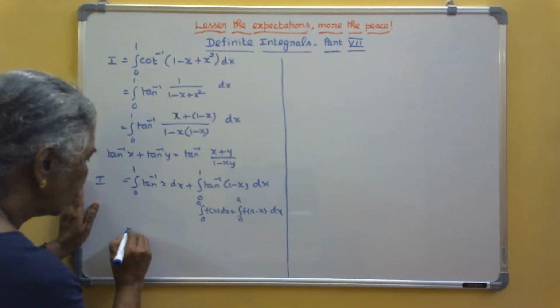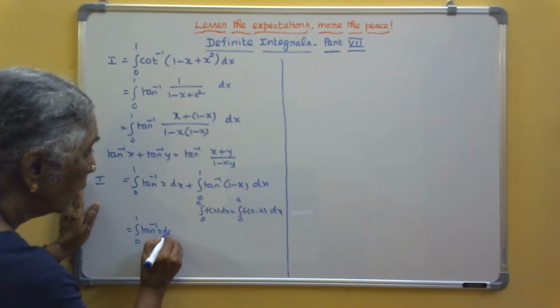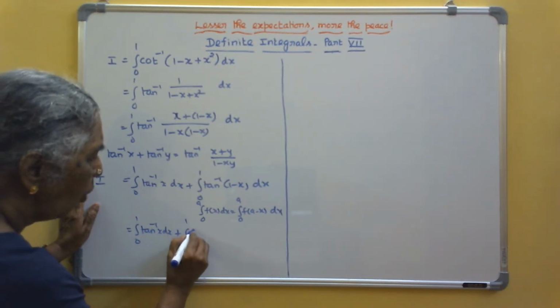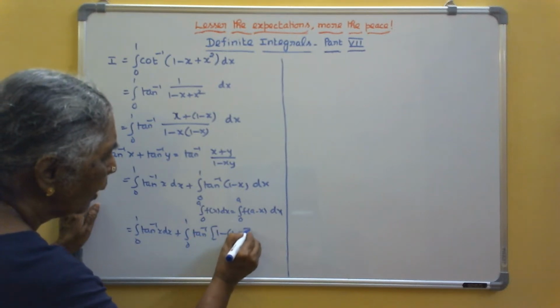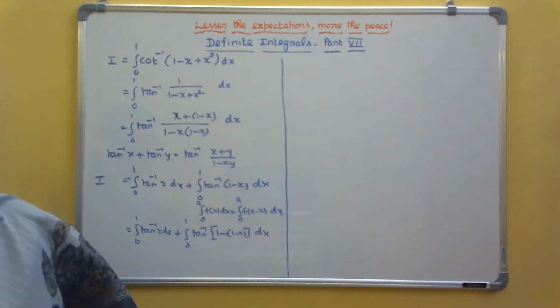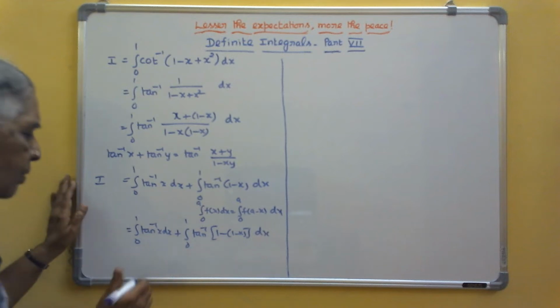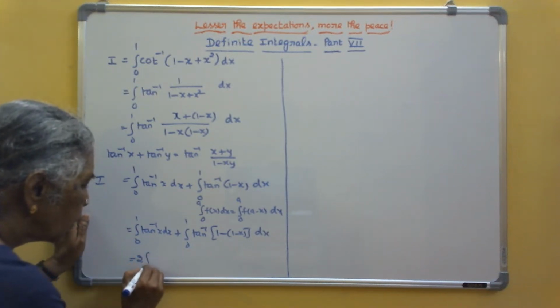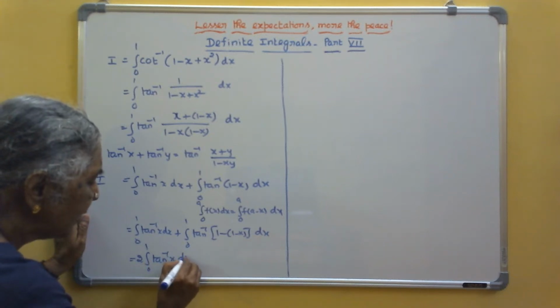So the second integral will become tan inverse of (1 minus (1 minus x)) dx. The 1 and minus 1 get cut and you get tan inverse x. You already have your tan inverse x, so I is equal to 2 times integral 0 to 1 tan inverse x dx.